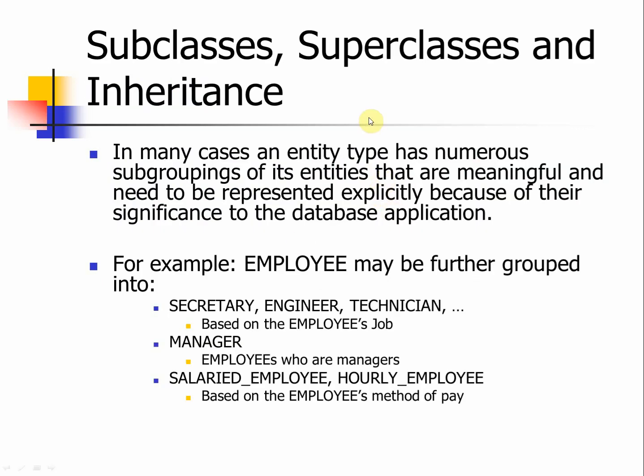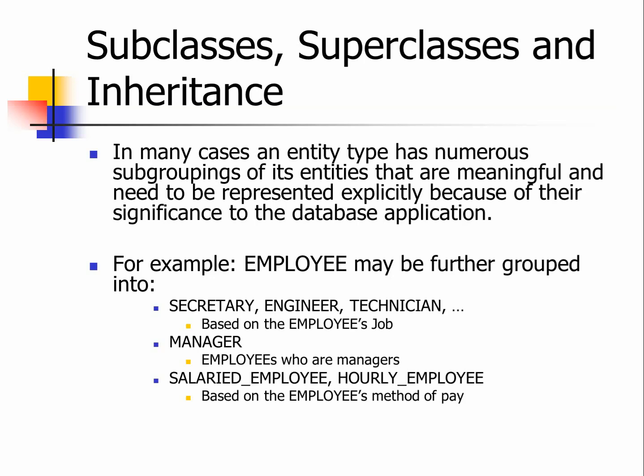In many cases, an entity type has many subgroupings of its entities that are meaningful and need to be represented explicitly because of their significance to the database application. Just use the company database as the example. Inside of the company database, there are 4 entities.